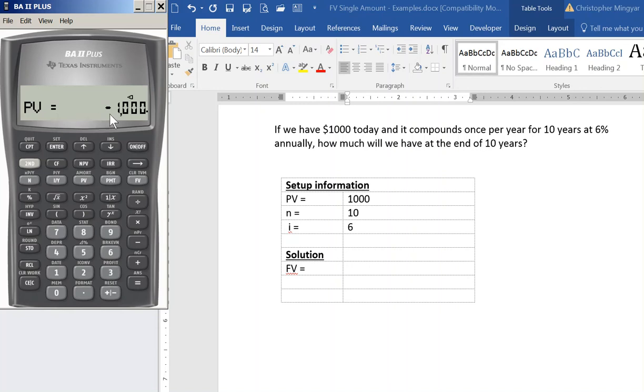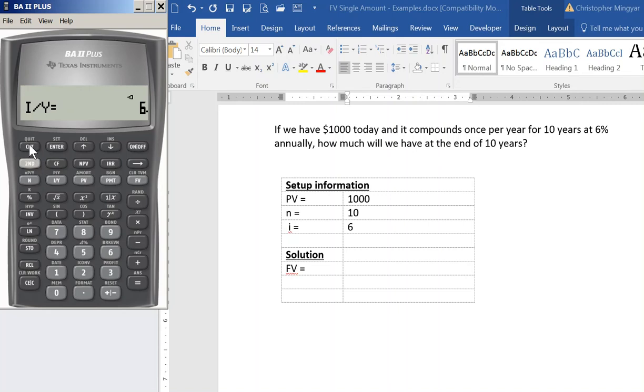PV equals $1,000. N is 10. So 10, we go up to N, click N. So N equals 10. I is 6, so we first click on 6, and then I. Now all that's left is to solve for the future value.